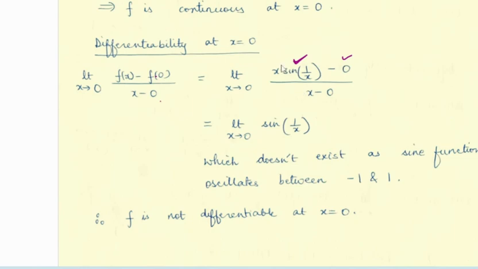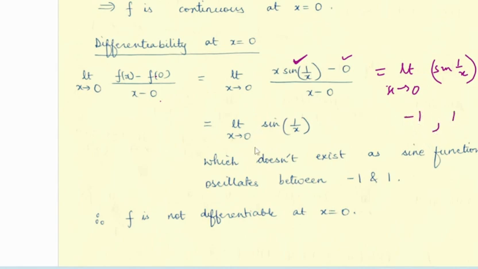You see that x cancels out because this takes the shape limit x tending to 0 of sine 1 by x, because x is cancelling above and below, and we know that sine is a very peculiar function. When x is approaching 0, that means 1 by x is approaching infinity, and when you are approaching infinity, sine we know is an oscillatory function. It's a periodic function. It oscillates between minus 1 and 1.